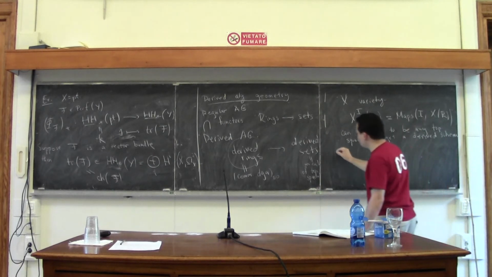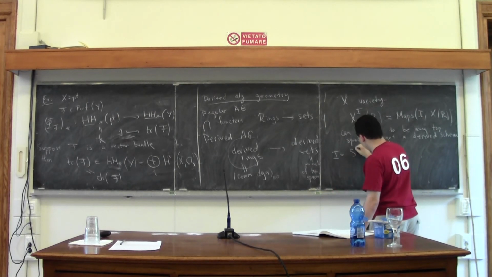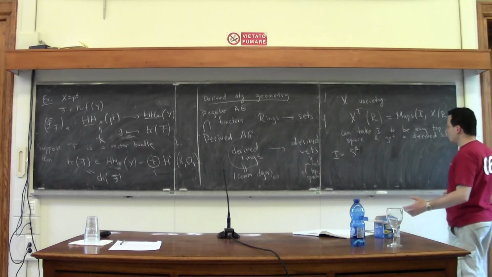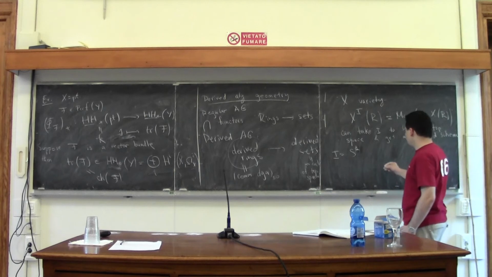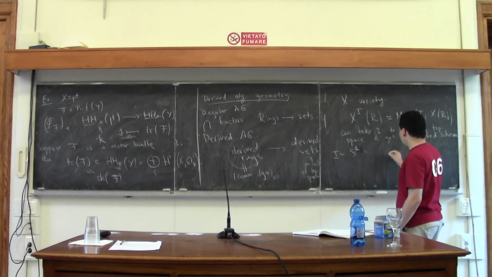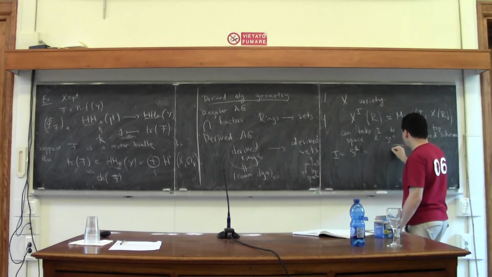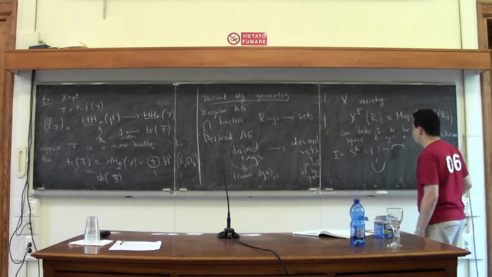So in particular, I want to consider the example where I is the circle. So you might think, how in the world can I understand what this kind of abstract functor is? Well, the way you can understand it is the circle you can present as a colimit. So this is equal to, well, the circle is a push out: you sort of glue the two hemispheres along their intersection.